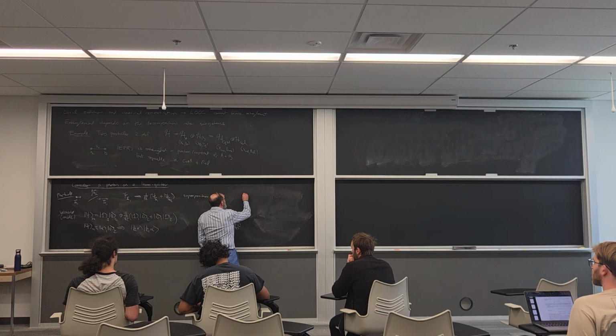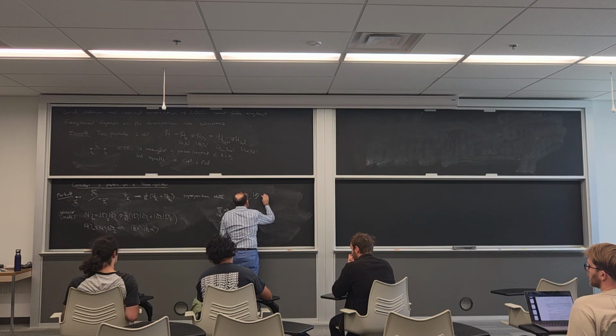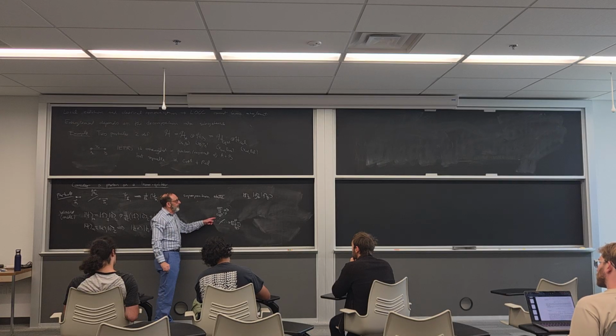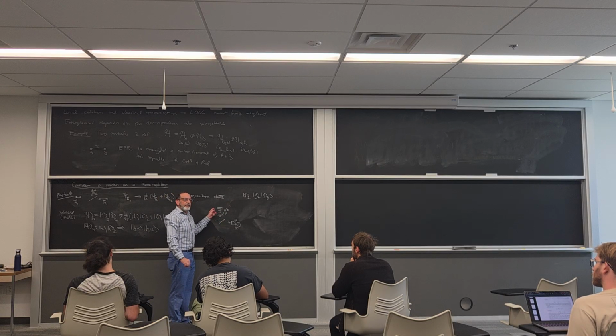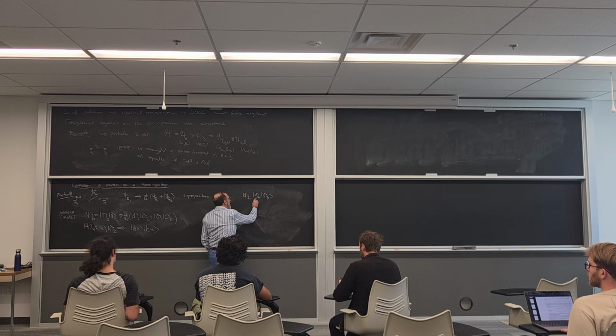So I start with one photon in mode 1, and I have the atom in the ground state in cavity A, and the atom in the ground state in cavity B. And now I pass it through this beam splitter, and if the photon enters this cavity, it causes a pi pulse. What is the state after the fact?